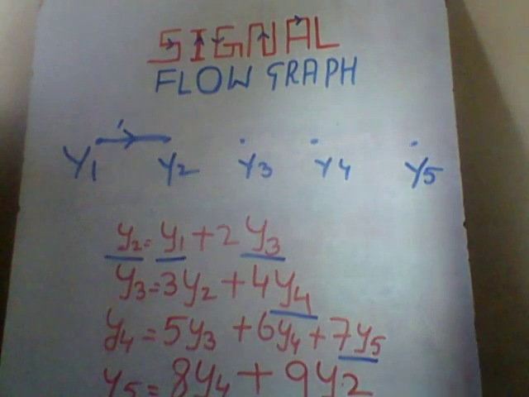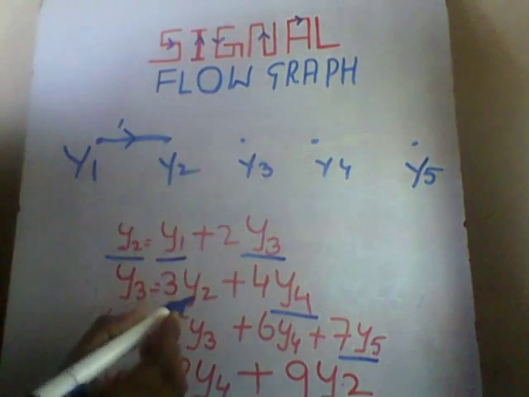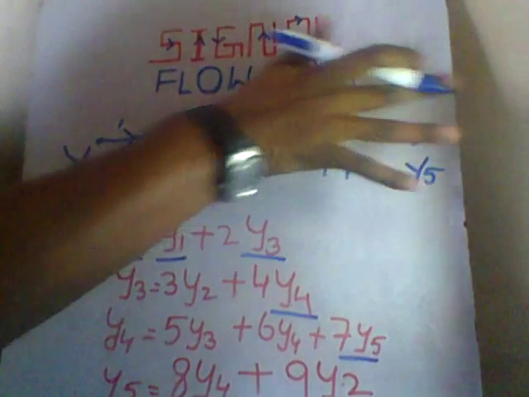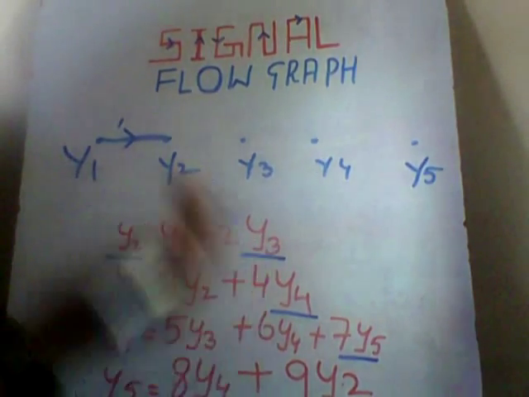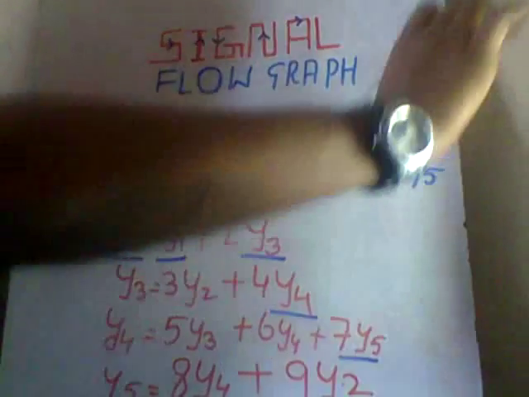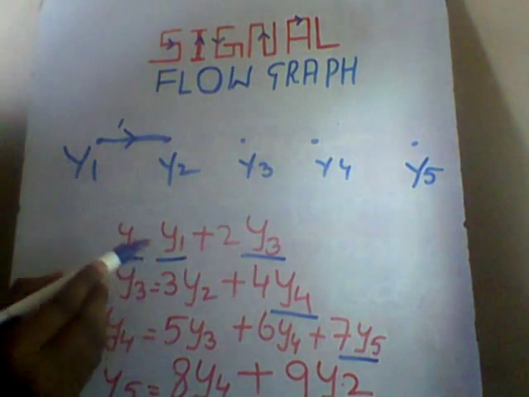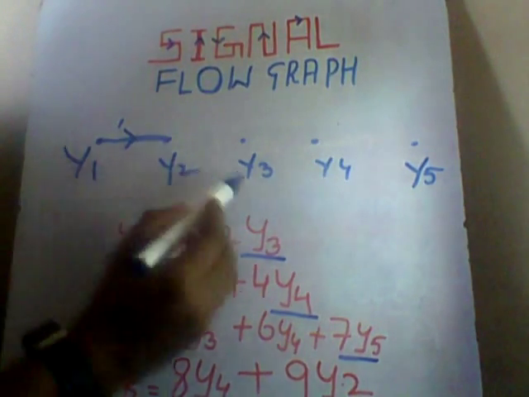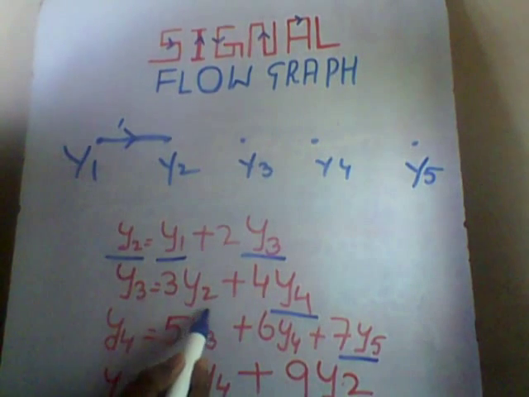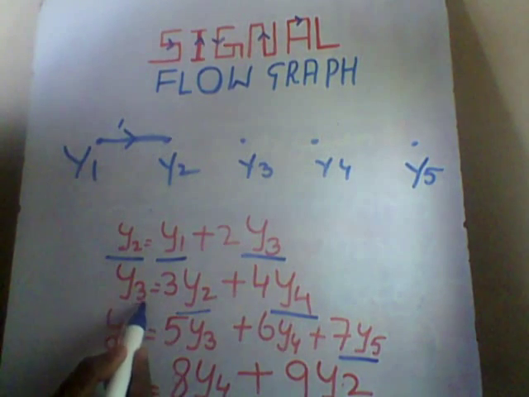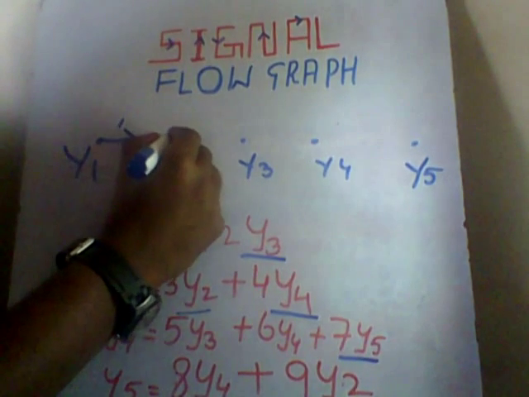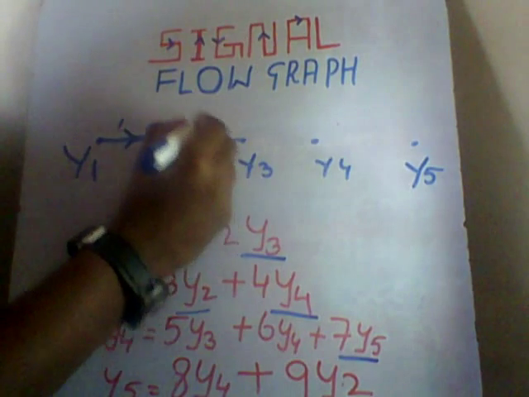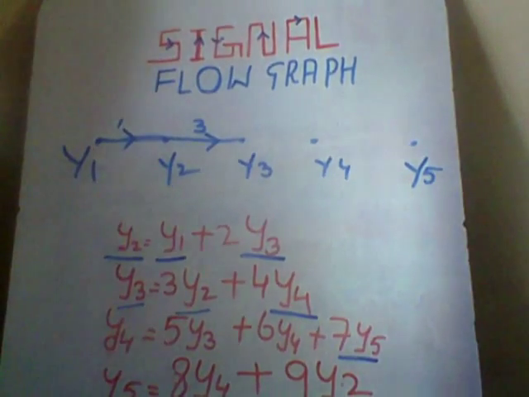Next, y2. From y2 to y3, is there any path gain? First of all, draw the forward path. First of all, try to solve only forward paths. Go only on straight line paths. Now y2 to y3, is there any path? Yes, y2 to y3 with a path gain of 3.